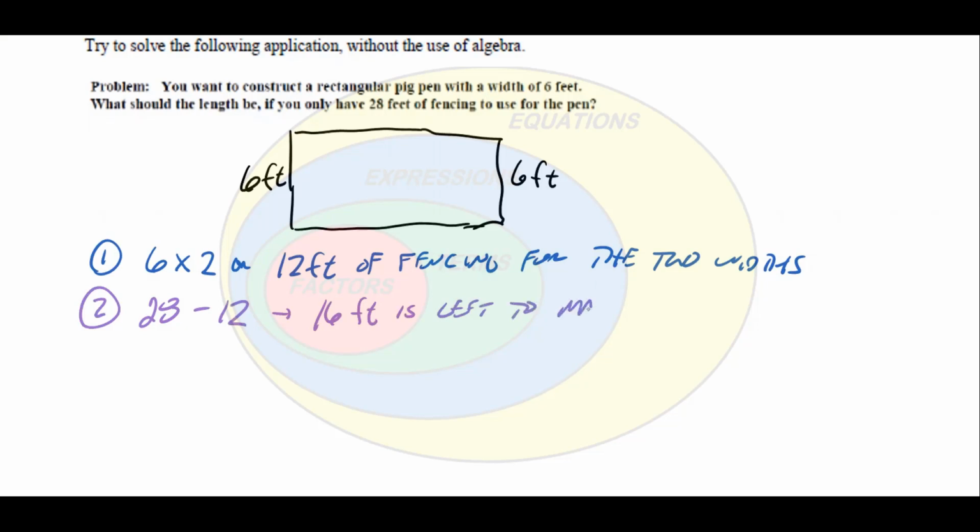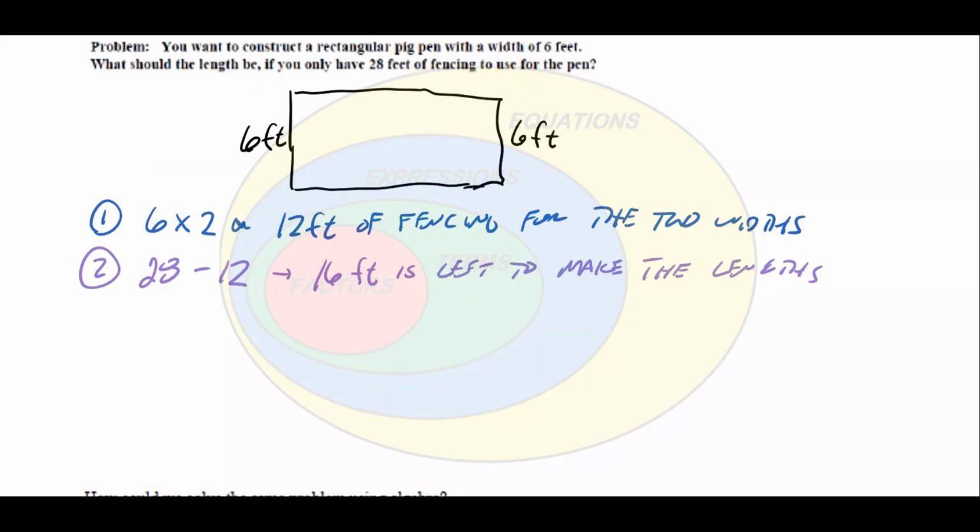to make the lengths. So one of the lengths would be 16 divided by 2, right?